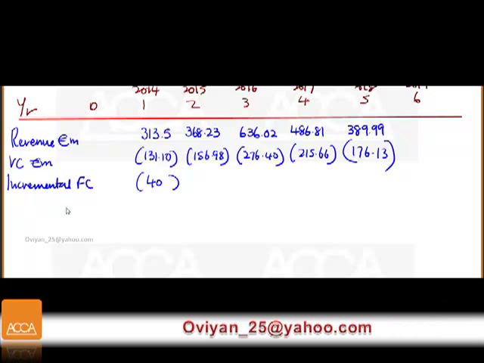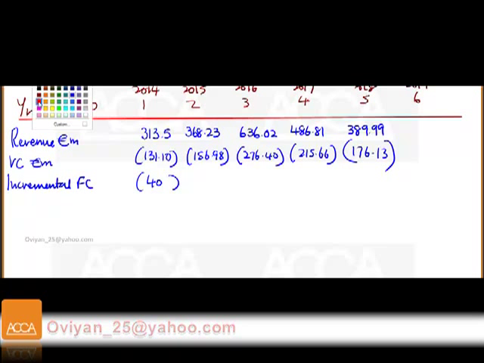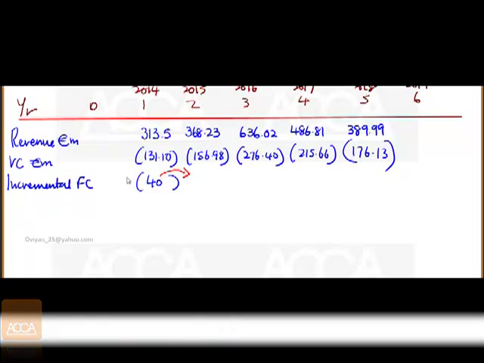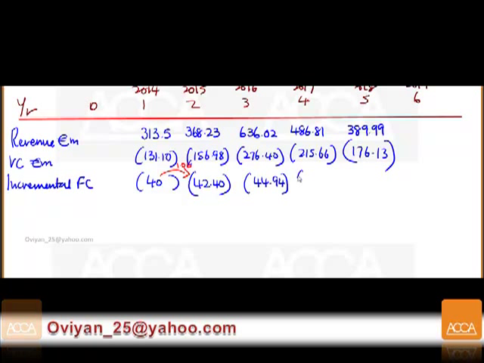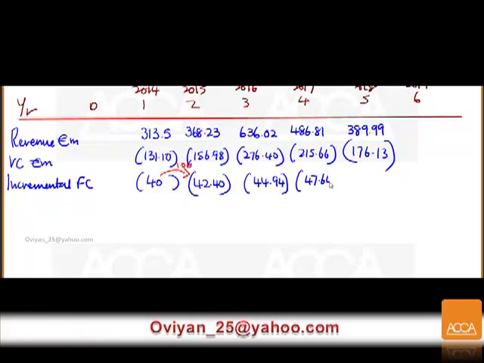And this will rise by 6%. I didn't show working up there, but you can just show this here because it's constant every year in real terms. So this is going to be 42.40, and this is going to be 44.94. This is going to be 47.64, and check 50.50.